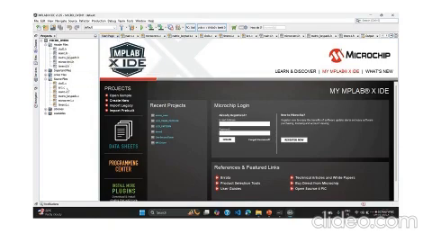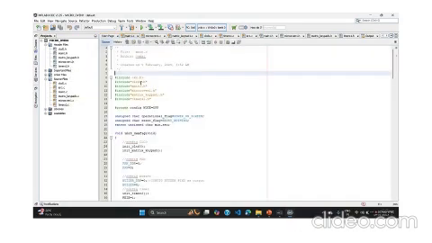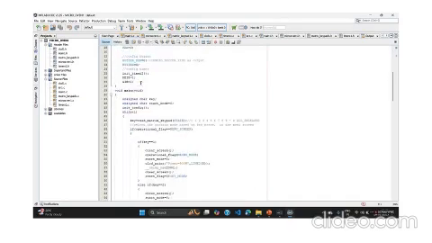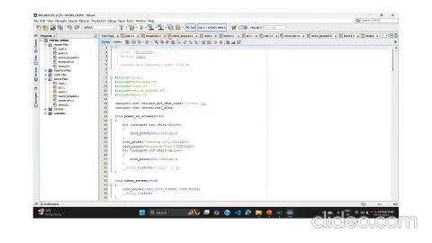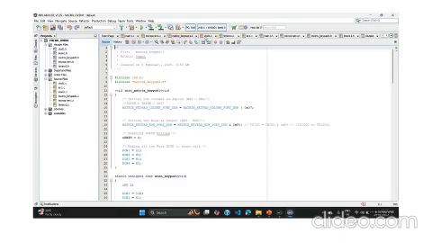Here we have included all our project files: a CLCD file, timer file, matrix keypad file. And here is where the code is. You can observe it all here.